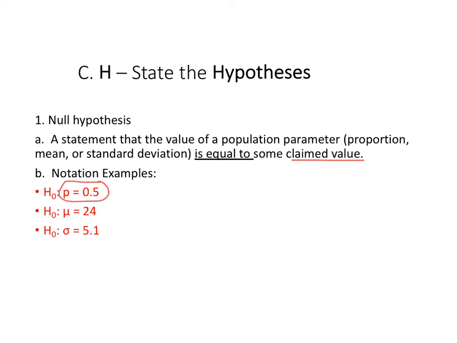You can do means, and there's one for standard deviations that we're going to skip. The null hypothesis uses this symbol, H with a little 0, called H naught. That little 0 is always your null hypothesis. Then you're using a P or a mean, proportion or mean for the population, and then the value that you're claiming. We'll obviously see examples and practice this.